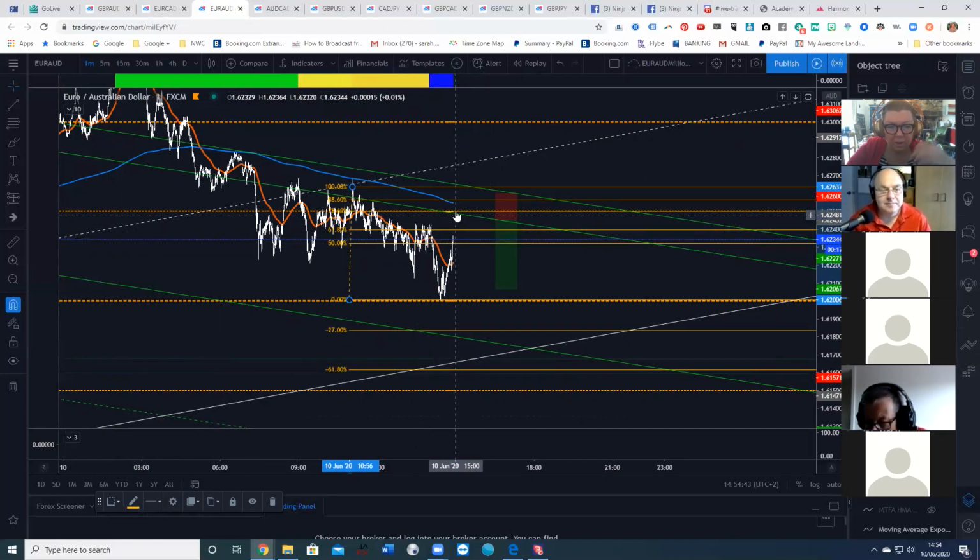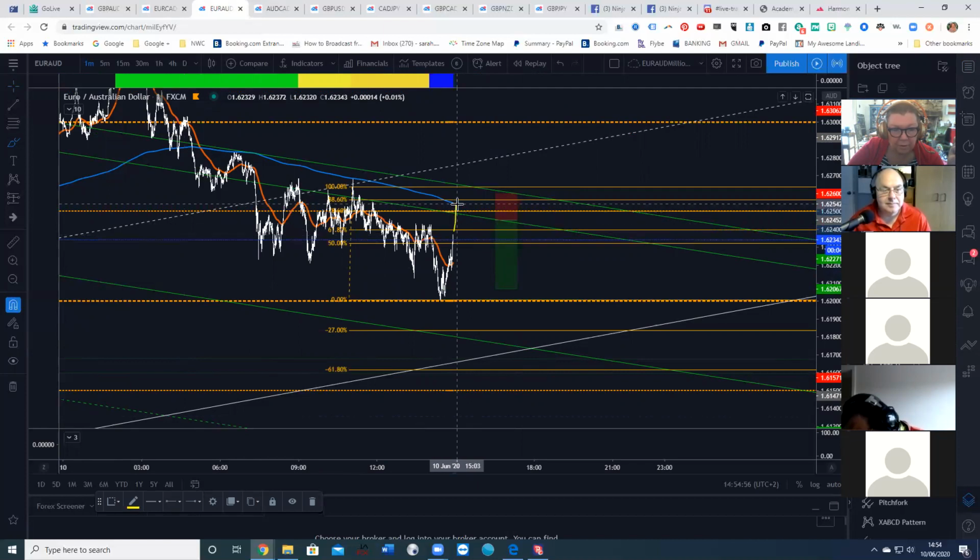I would think it wants to come up to this quarter theory, the outer green Fibonacci, and the 15-minute EMA. So do something like this, and then might come back down, or retrace. And then come back down, yeah.